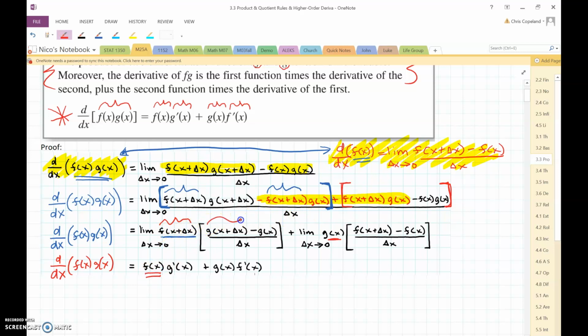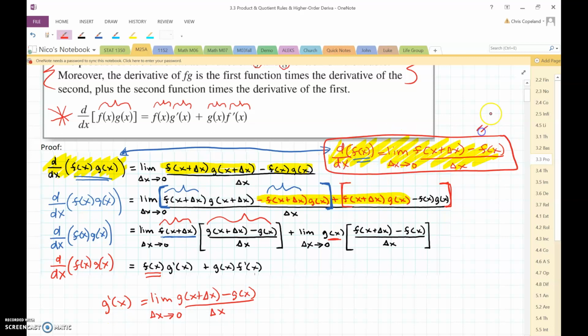And then this right here, if I take the limit of g of x plus delta x minus g of x all over delta x, as delta x goes to 0, hopefully you can see that that's equal to the derivative of g of x. Just like this would be equal to f prime of x.